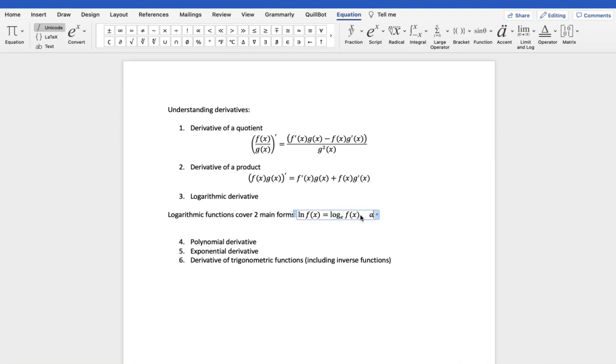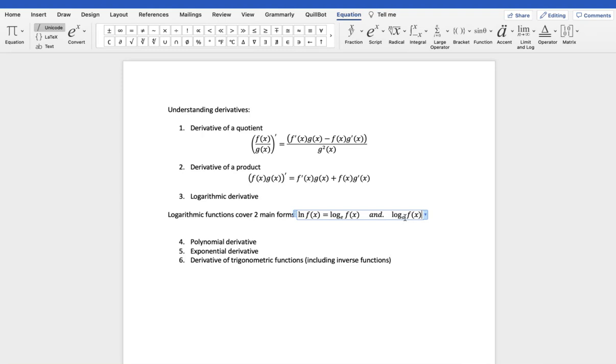The second form is the other general case, which really covers the first form, and that is the logarithm of the same function f of x, but now to the base a, and a can be any positive value.